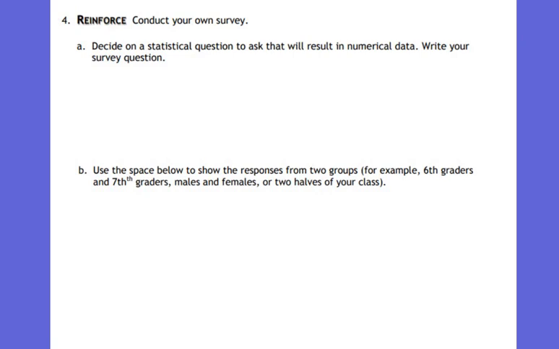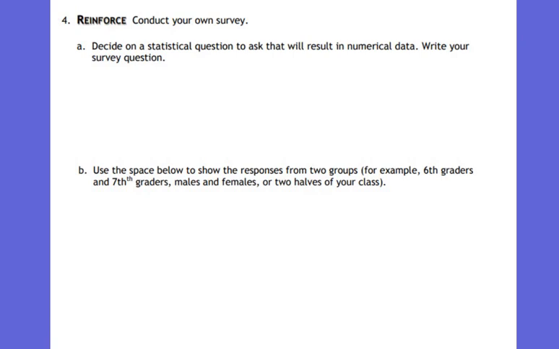The bottom half, you're going to use to record your responses. And you need 2 different groups. Well, if I'm asking people in here, how can I make 2 different categories of groups of people? Boys and girls. Boys and girls is the easy group in here to make. Could I do 6th and 7th graders in here? No, it's all 7th graders.